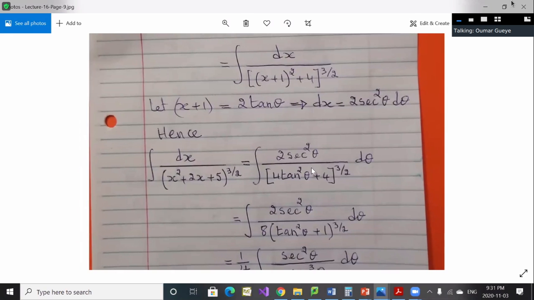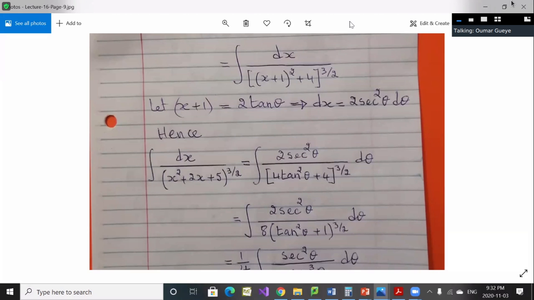So now I'm going to take this 4 out. To take 4 out to the power 3 by 2, it becomes 8, because 4 to the power 3 by 2 is the root of 4 to the power 3. Root of 4 is equal to 2, to the power 3 is going to be 8. And inside this bracket, it remains only tan squared theta plus 1.